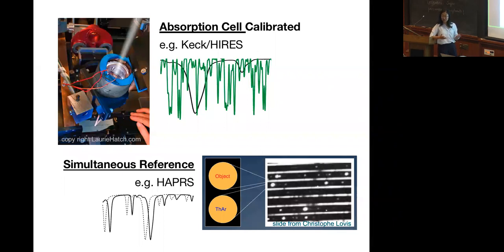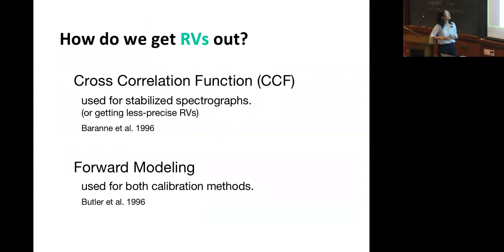And once you have taken your spectra, how do we actually get the RVs out? That's actually not a trivial step. So there are roughly 2 types of techniques to extract the Doppler shift information from your reduced 1D spectra. The first is the cross correlation function technique, CCF. It's very, very widely used for stabilized spectrographs, or you may be familiar with it if you just go to a general purpose spectrograph, take a spectrum of your target, and then take a thorium-argon frame before or after, and just get a rough radial velocity measurement.